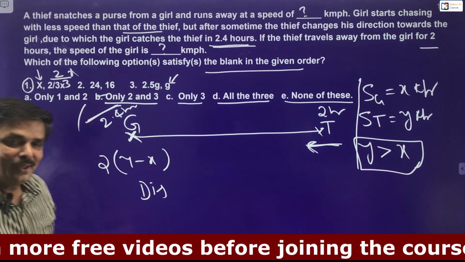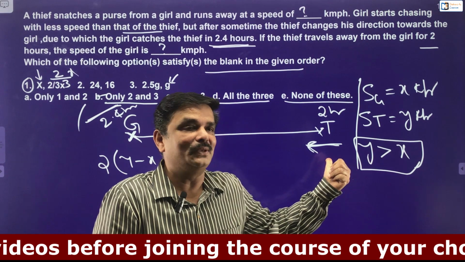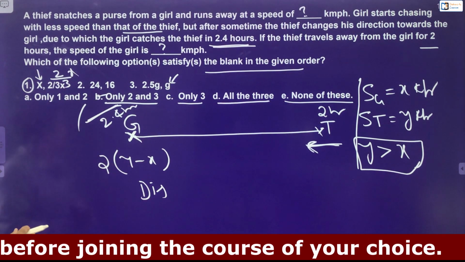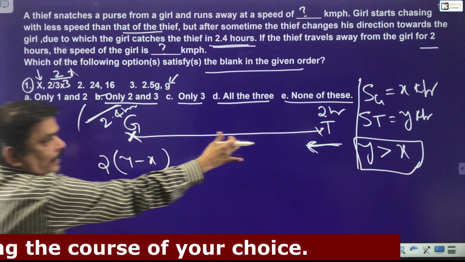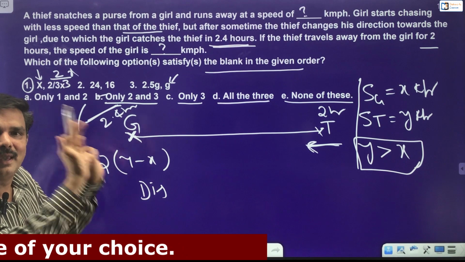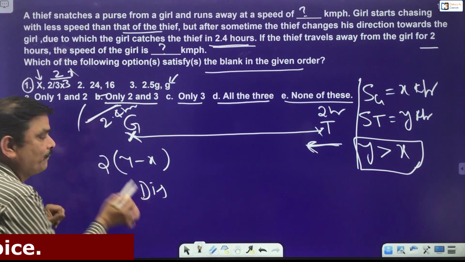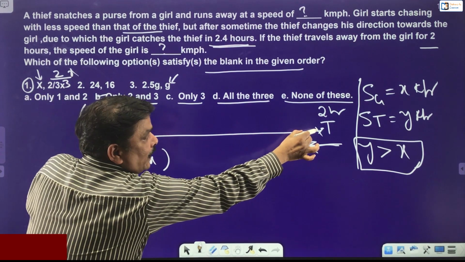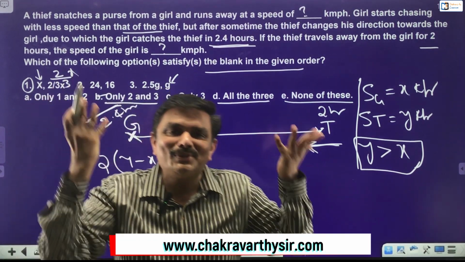Okay, now the very important trick comes into the picture. How they have given, you see, for the girl, how much time it has taken, the thief went there and came towards her. In this case, students, think very carefully. From here to here, the distance I have found out. When the thief changed his mind and is coming towards the girl, the distance is the same.